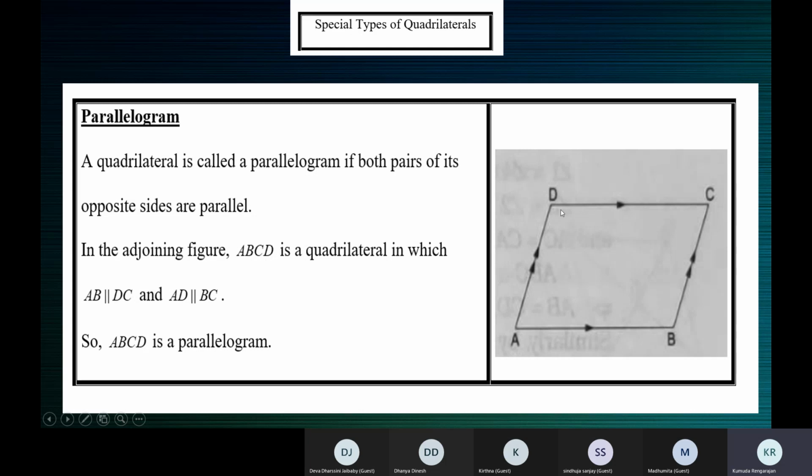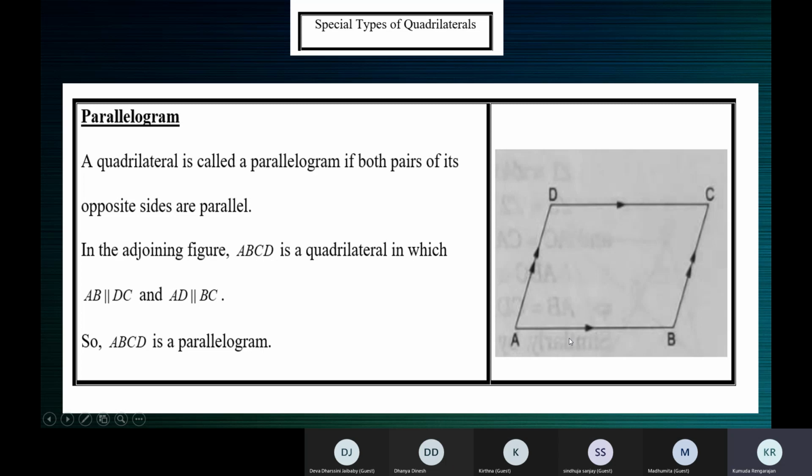That means the diagonal BD cuts AC into two equal halves. And similarly, diagonal AC cuts the diagonal BD into two equal halves. One diagonal cuts the other into two equal halves. That's what we mean by saying diagonals bisect each other.